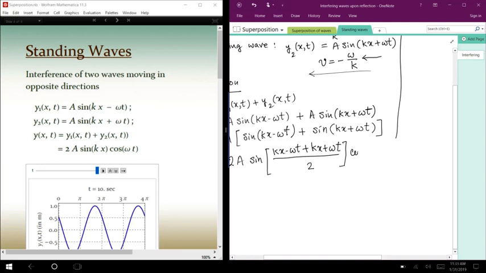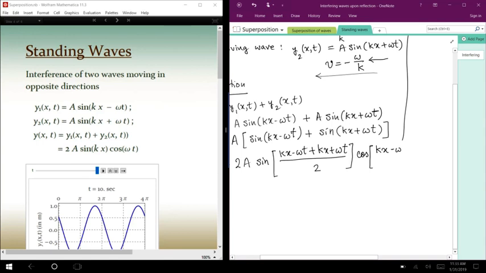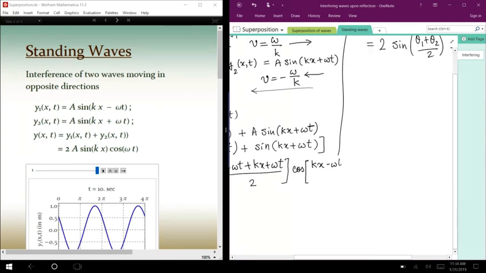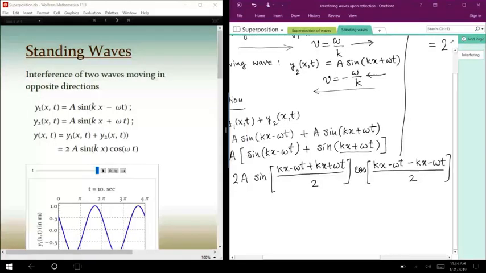The next part is a cosine, and inside the cosine we subtract the two phases: (kx minus omega t) minus (kx plus omega t), divided by 2. The second part is a negative omega t because you're subtracting off the phase. If you distribute that negative sign, you get negative kx minus omega t.